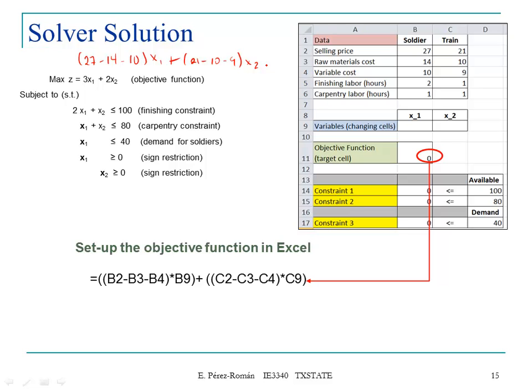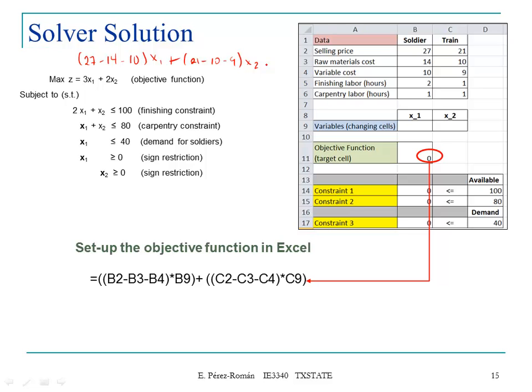Okay, so what I'm trying to code in this cell is just this formula. So I have B2, so it's column B, selling price is in row 2, so 27 is B2 minus B3 minus B4, so that's this part, times X1, which is this cell, B9, plus C2 minus C3 minus C4, this part, 21 minus 10 minus 9, times C9, which is X2.